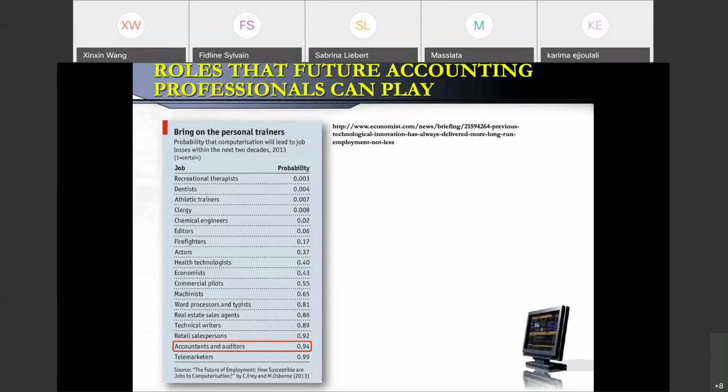We need to be prepared for our future careers. We have to understand there might be changes to our career, and how can we, as accountants or auditors, predict the changes and avoid their influence on our professions. So this is what I want to teach you guys.